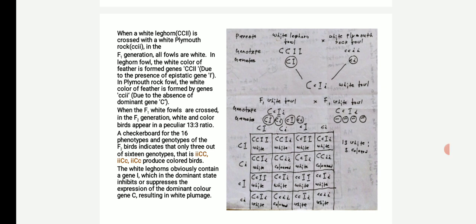When a white leghorn with a genotype capital C, capital C, capital I, capital I is crossed with a white Plymouth Rock with a genotype small c, small c, small i, small i, in the F1 generation, all fowls are white with a genotype capital C, small c, capital I, small i.